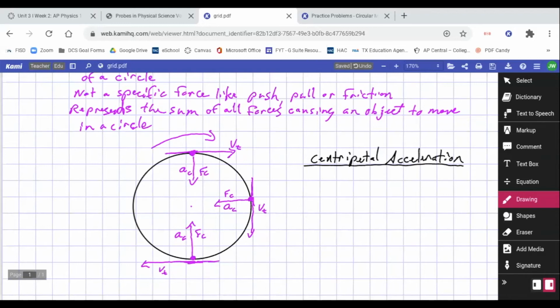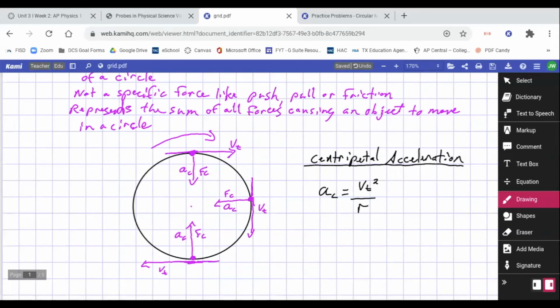That is a_c, and it is equal to v_T squared. You can drop the T if you don't like it. It's velocity squared, but it's the tangential velocity. If that T just throws you off, it's okay to drop it as long as you understand that it's the velocity that's tangential to the circle. So we have tangential velocity squared over the radius.